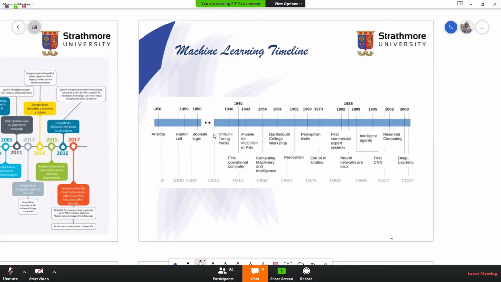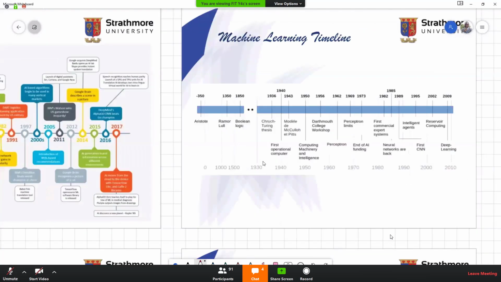Turing was a student of Alonzo Church, and this is the origin of the Turing machine and Turing paper, master's thesis, and then first computers, and then the first neural network in the 40s, all the way to deep learning in the current times. Okay, that's going to be the flow.